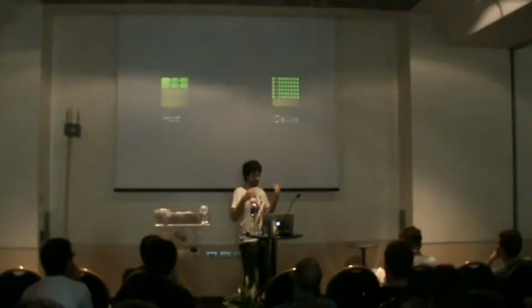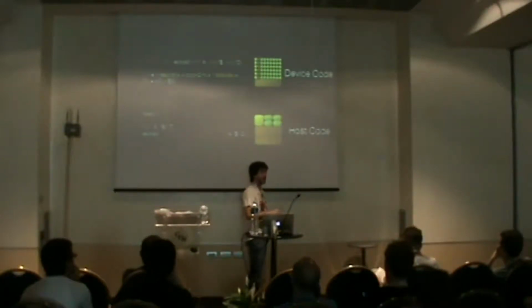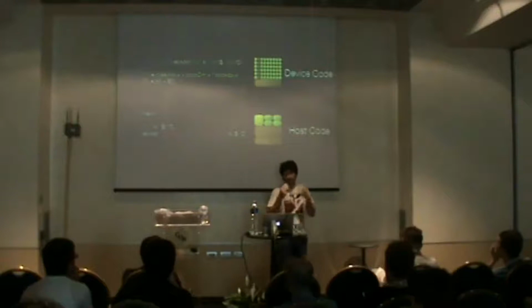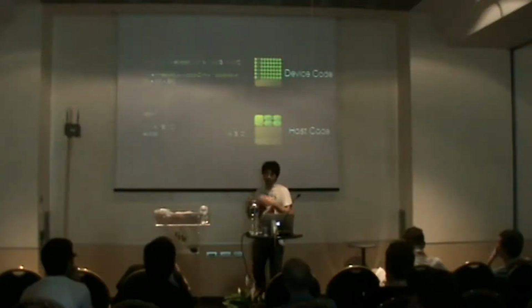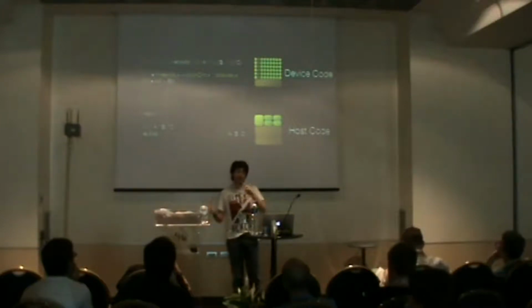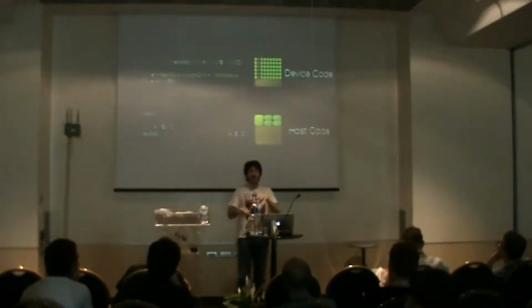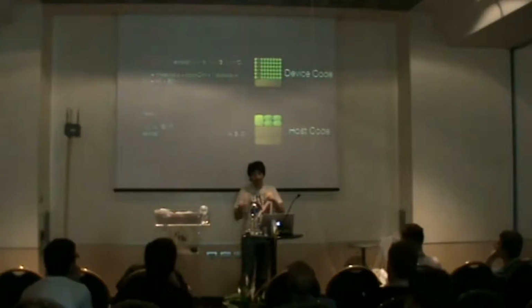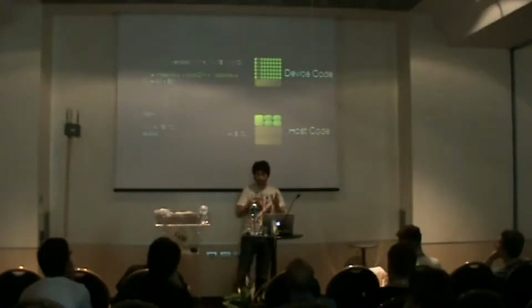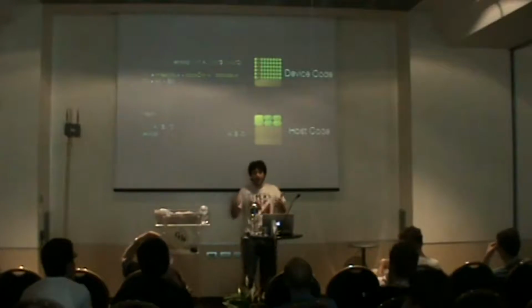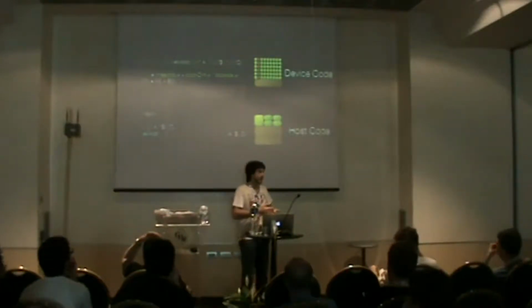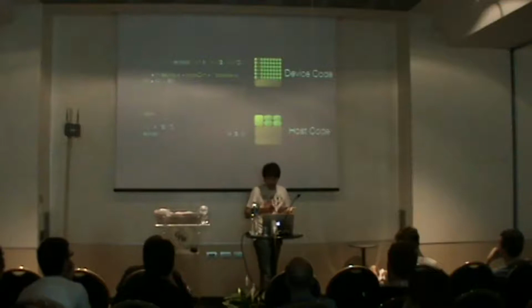CUDA lets you define functions that will be executed on the device instead of the host at runtime. These functions are called kernels, and you can decide how many threads will be executing them. So you can launch a function on the device and then make it executed by a certain number of threads.